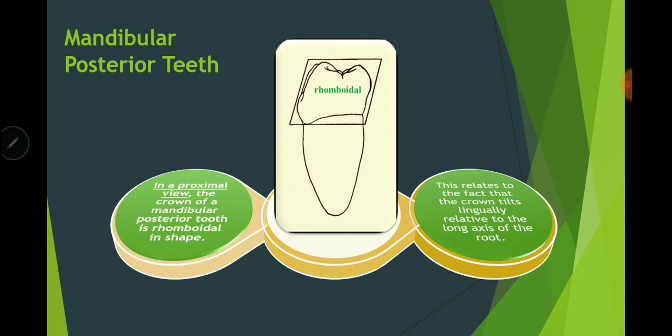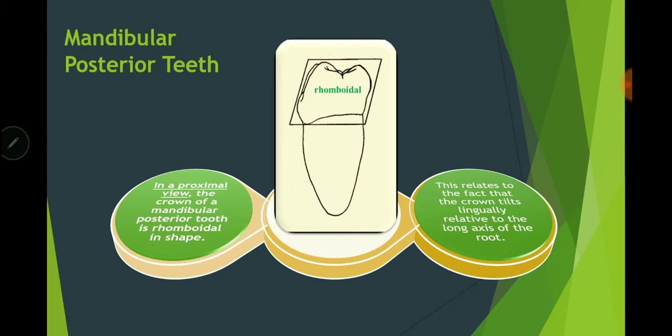Okay, mandibular posterior teeth. All right. When you look in the proximal view at the mandibular posterior teeth, the crown is rhomboidal in shape. This relates to the fact that the crown tilts lingually relative to the long axis of the root, so it looks like a rhomboid because the crown is tilted to the lingual.